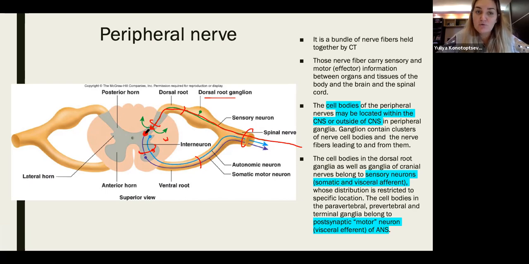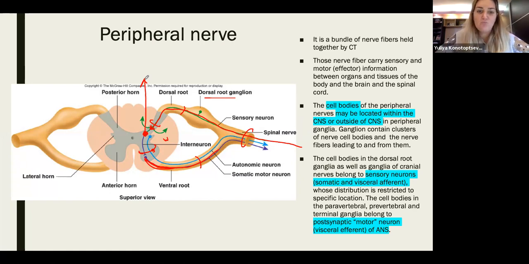This interneuron can fully avoid the brain and simply connect this sensory nerve to the motor division of the same nerve, which is coming out via the ventral root. Or this interneuron could ascend all the way to the brain and synapse with particular areas in the brain that are needed for the perception that I'm touching something.